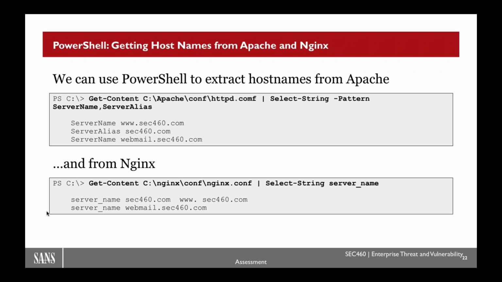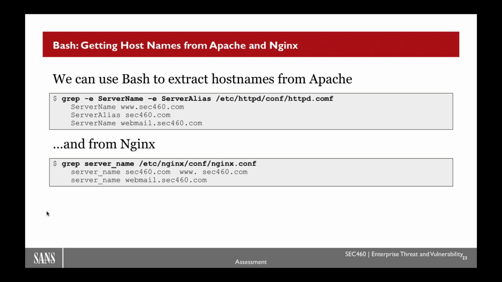So I can use my Get-Content, look at the configuration file, and this time we're going to look for server_name. And it puts both the name and the alias on the same line. So we can see on the first line of output we have sec460.com as well as www.sec460.com. And then we can also see webmail.sec460.com.